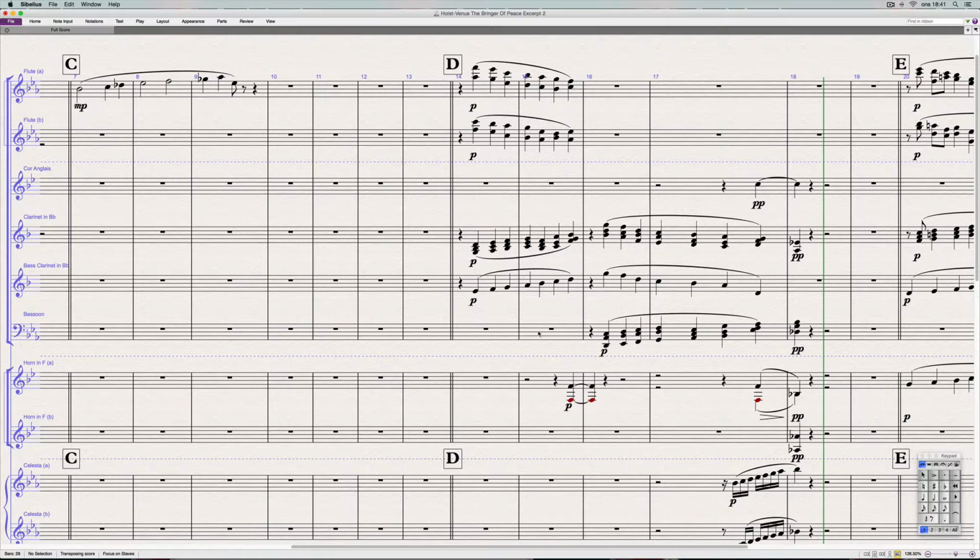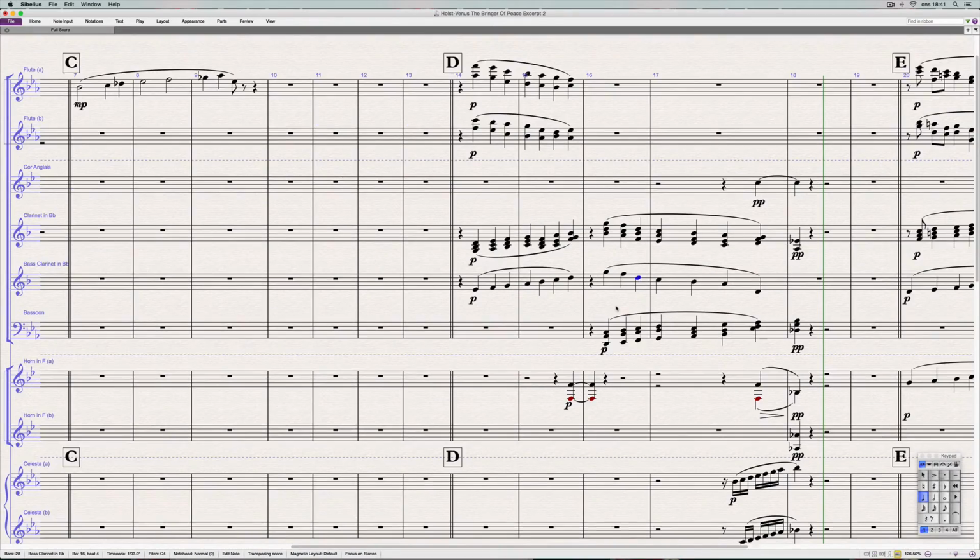But again, it sort of comes out from the depth, and then when it goes up, it just gets clearer and clearer. So it's a cool effect. And again, here's the melody, and now it's doubled by the bass clarinet.